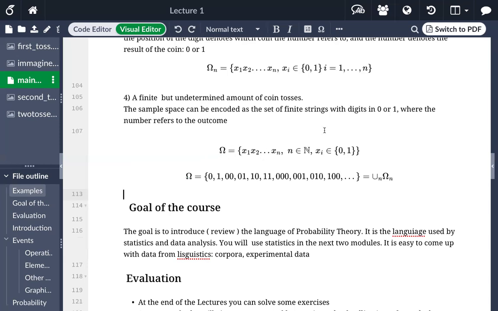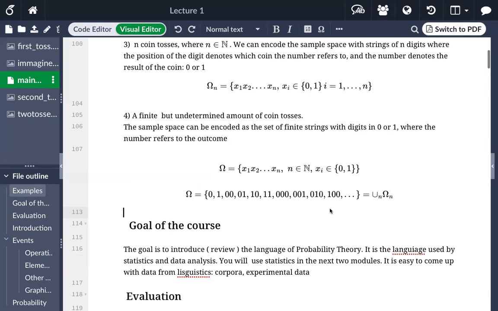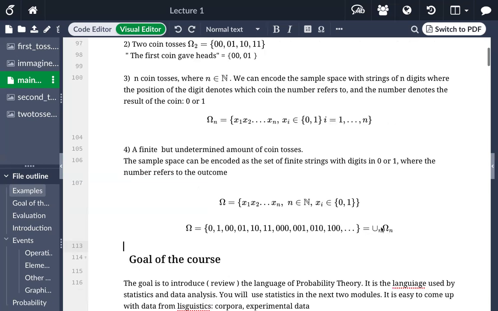The first is the set of strings with n digits where the digits belong to 0 and 1. The second, I've listed them all, and the third is that omega is the union of the omega n's, where omega n is this one.